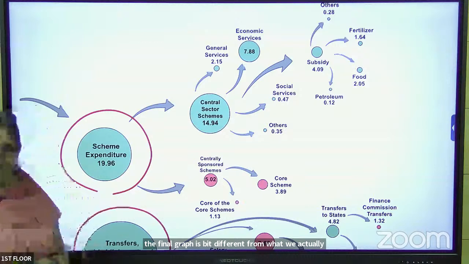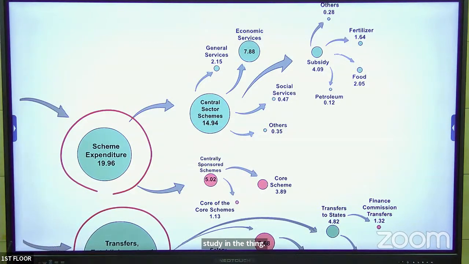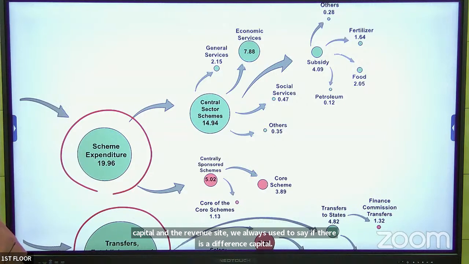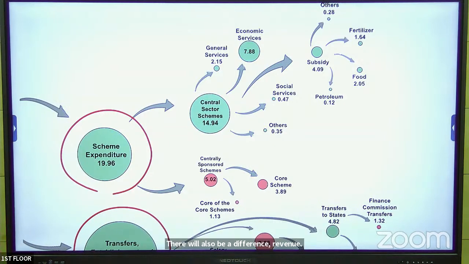If you recall back in the class, when we studied the capital and the revenue side, we always used to say if there is a defense capital, there will also be a defense revenue, right? If there is a creation of the asset, if there is a maintenance of the asset, they both will be split.